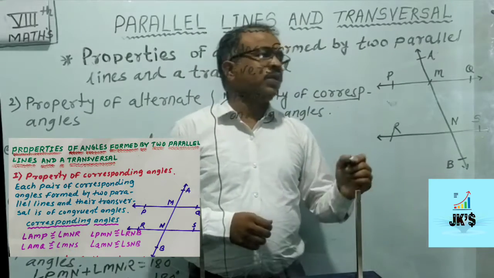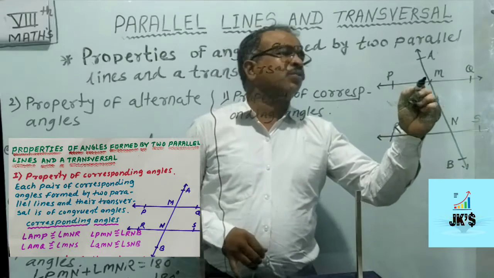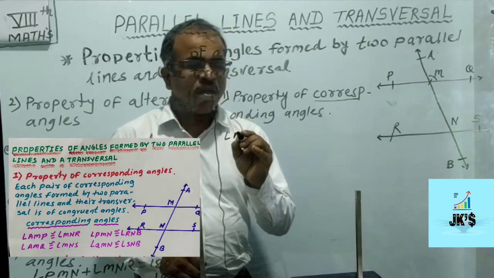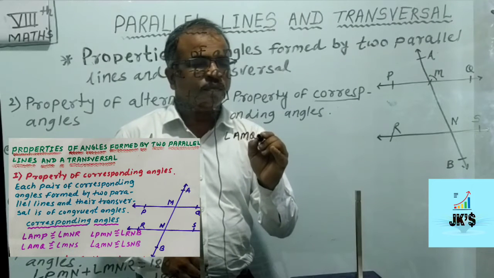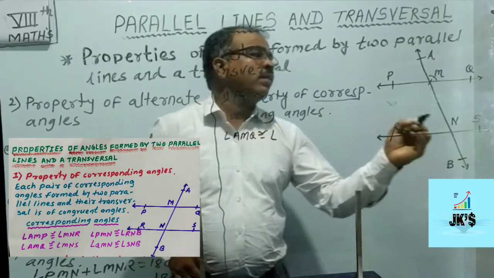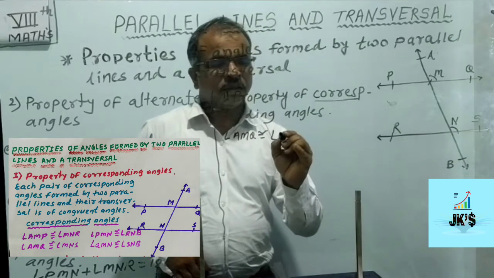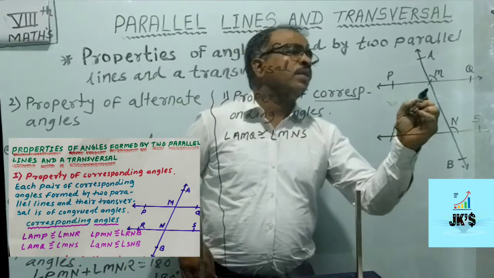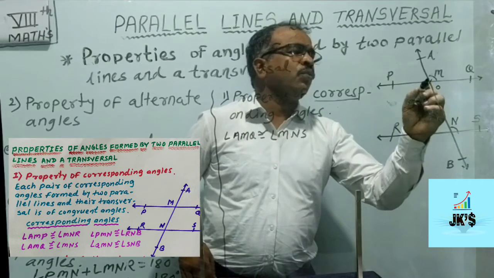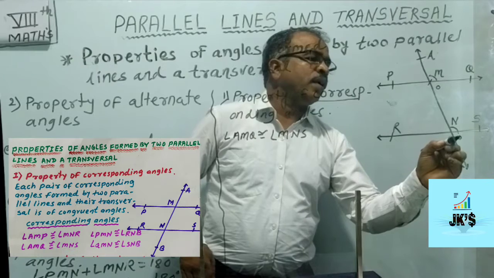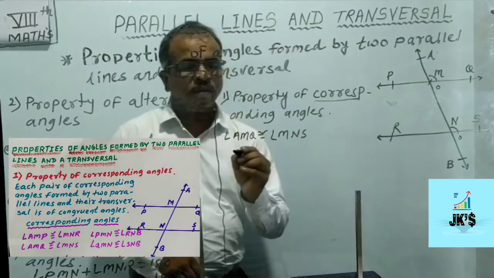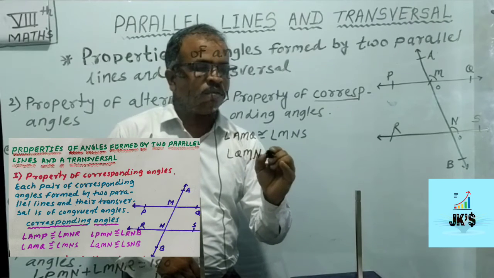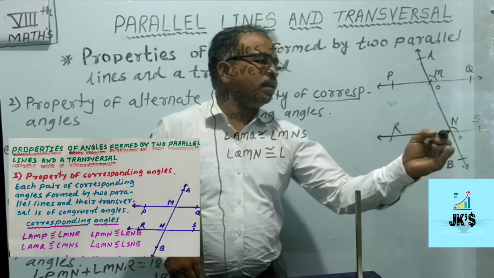Okay, so which are the corresponding angles here? We consider this first: angle AMQ is congruent to angle MNS. Second pair, suppose this is angle QMN, its corresponding angle is SNB. Angle QMN is congruent to angle SNB.